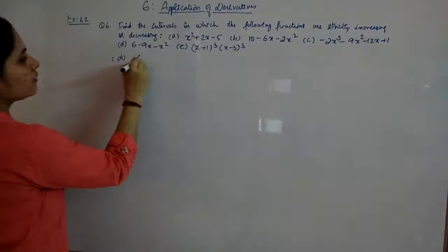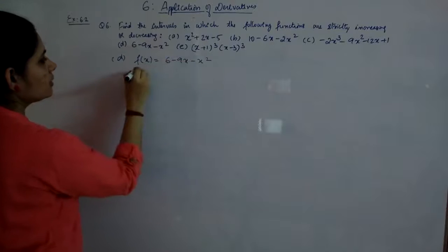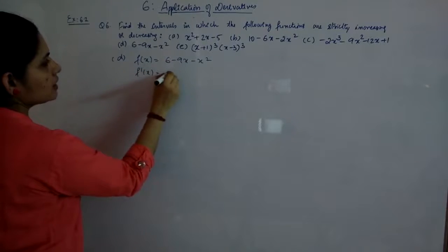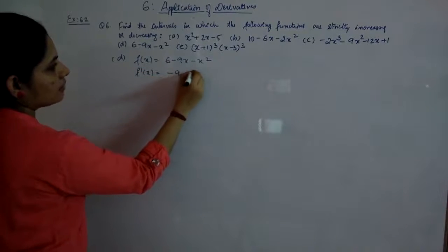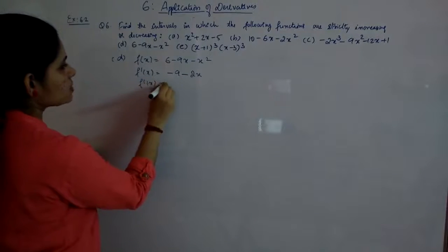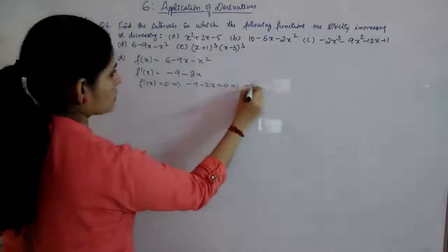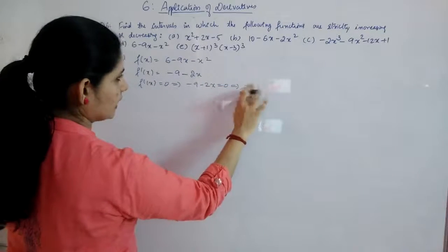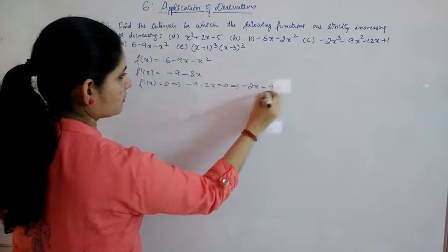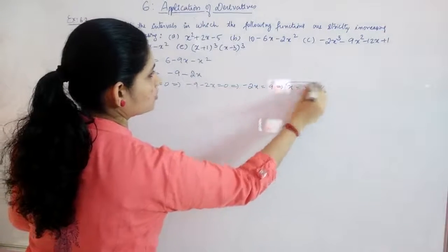D part is f of x equal to 6 minus 9x minus x square. F dash of x will be -9 minus 2x, correct? Now f dash of x equal to 0 will give you -9 minus 2x equal to 0, or -2x is equal to 9, or x is equal to -9/2.